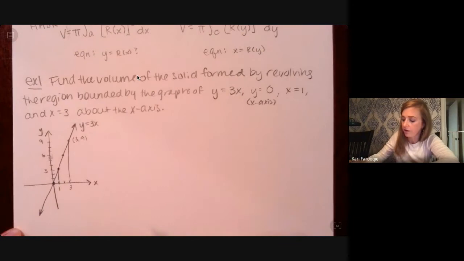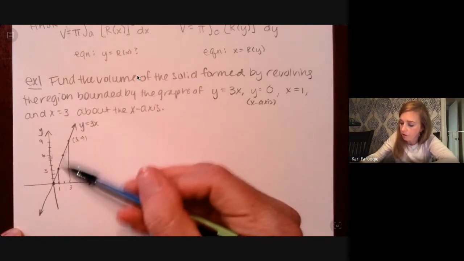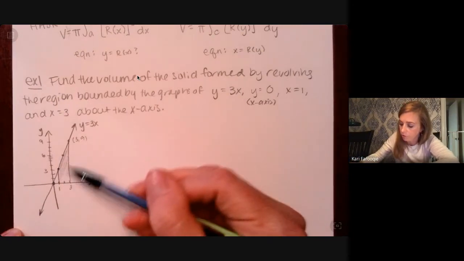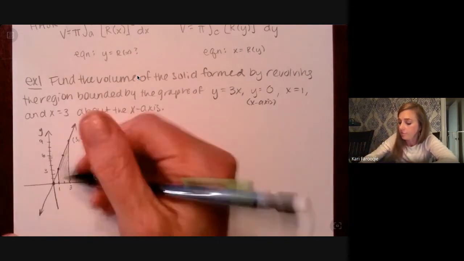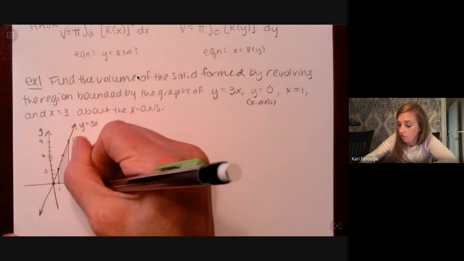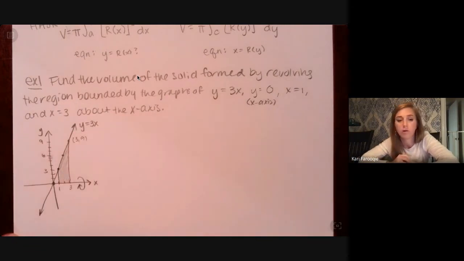All right, so we have that. So we are looking at this region between x equals 1 and 3, and between y equals 0 and y equals 3x. Now we are revolving this about the x-axis. I would show that if I were you with some sort of arrow so that you're thinking about it. It's really important to think about.